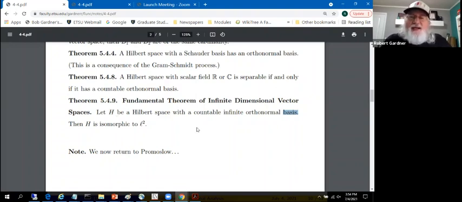So it's still a classification theorem. I'm telling you, up to isomorphism, what an infinite dimensional vector space with some added details looks like. It's isomorphic to little l2. Well, now we can be a little clearer on what that layer of details is. We require that Hilbert space to have a countably infinite orthonormal basis, where, when I say basis, I'm allowing infinite linear combinations.